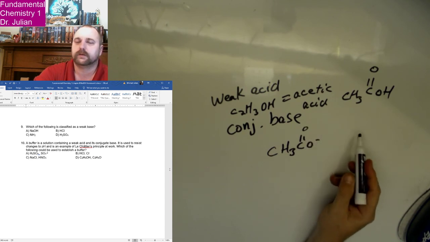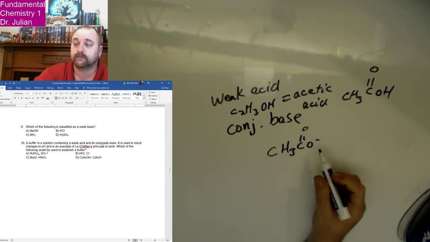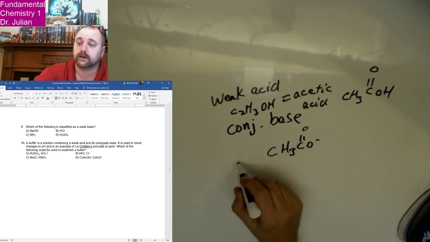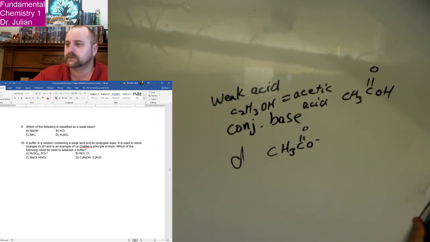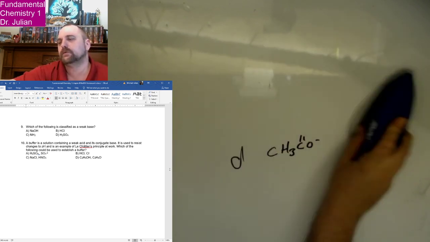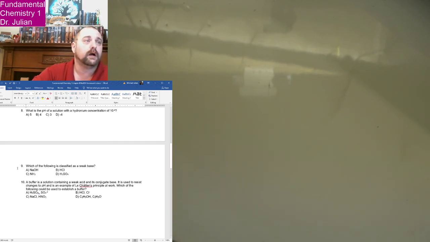Oh, negative. We lost this H at the end. But that's our answer, D. Good. That's a little bit tougher than what we usually see on the final. So don't worry about that one too much. But I do want you to know acetic acid is a weak acid. You should be able to figure out its conjugate base.